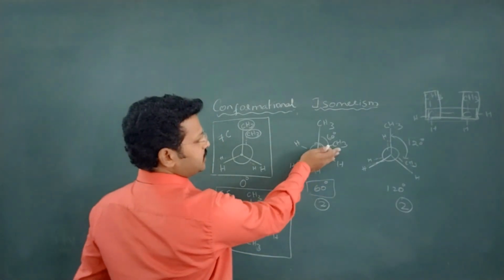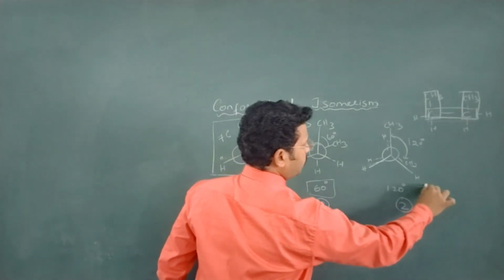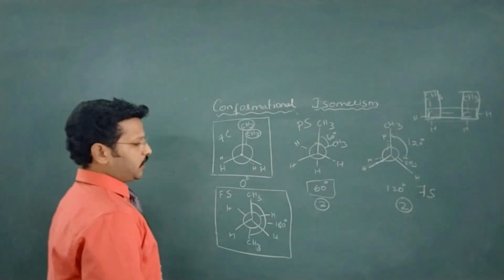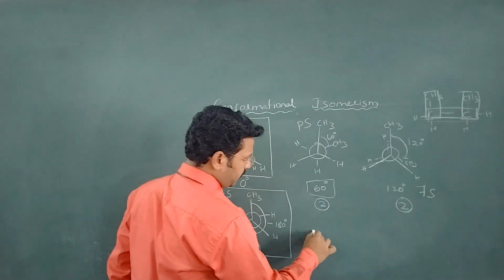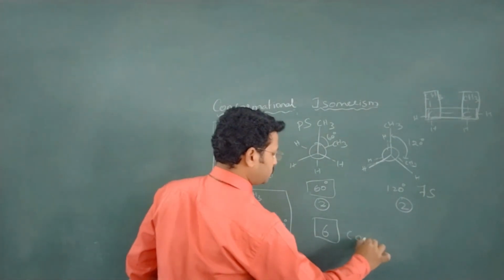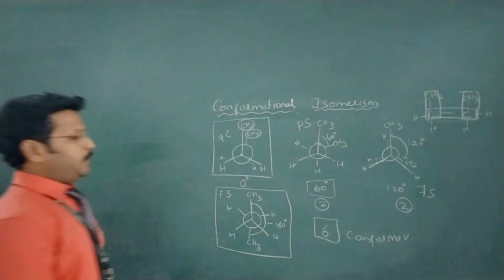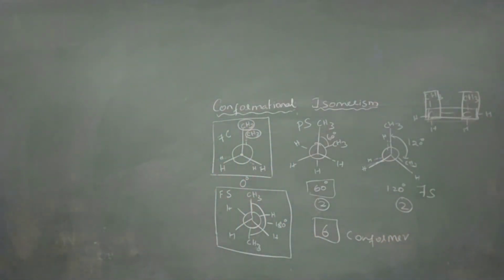This is partially staggered, and this is fully staggered. So the total number of conformations for normal butane is 6.